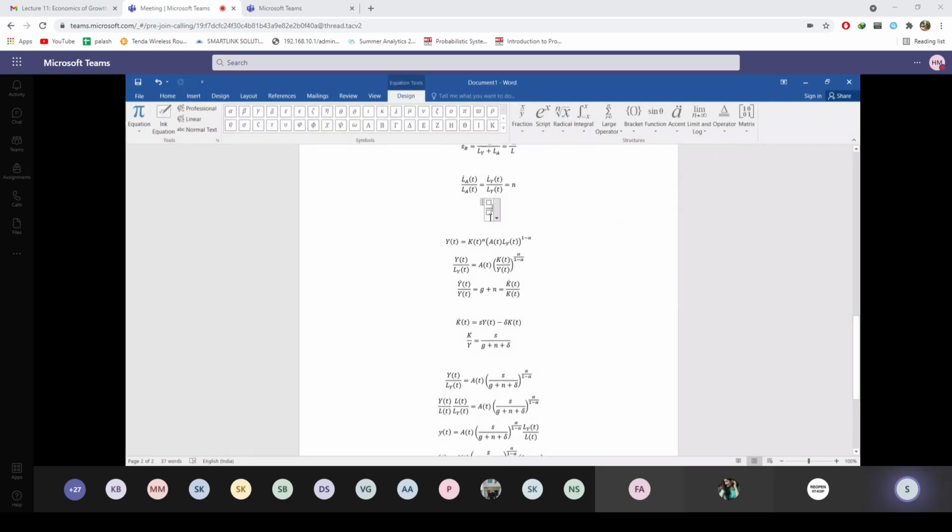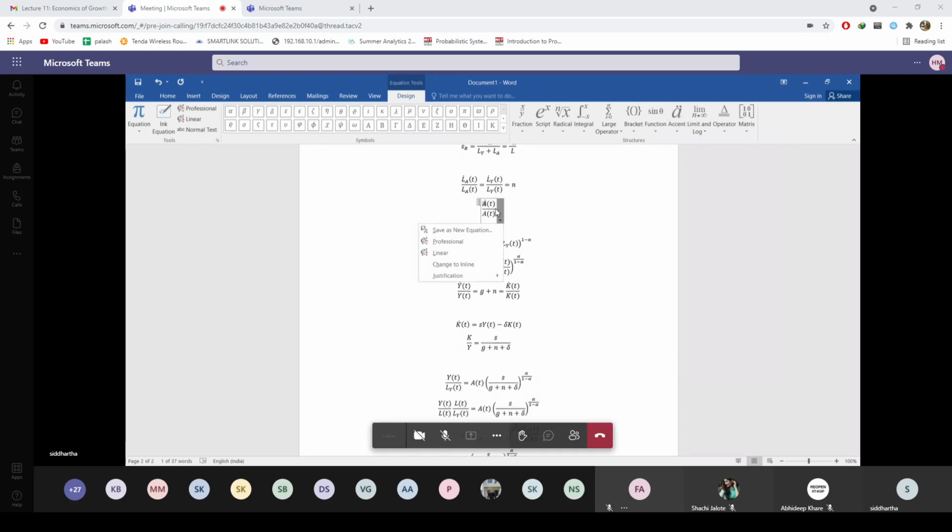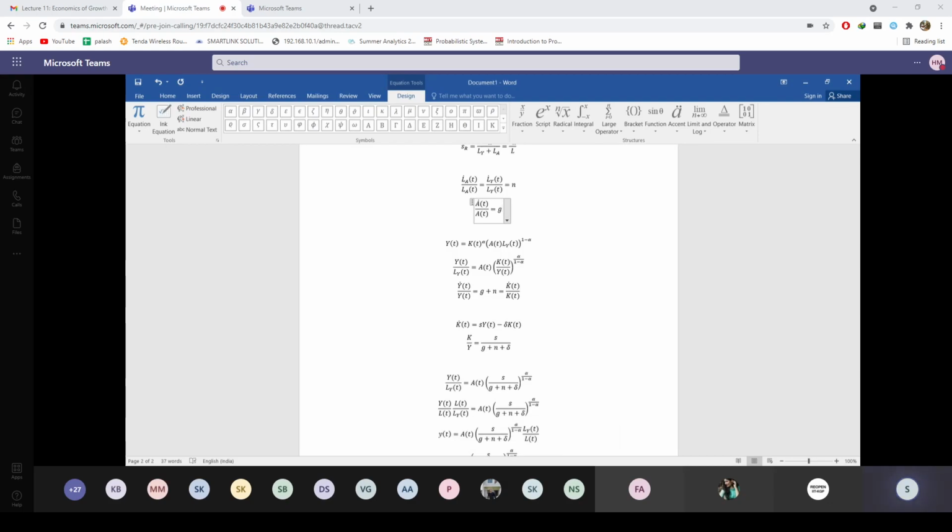So A_T, and over here A_T dot is basically g. We'll go to model that.